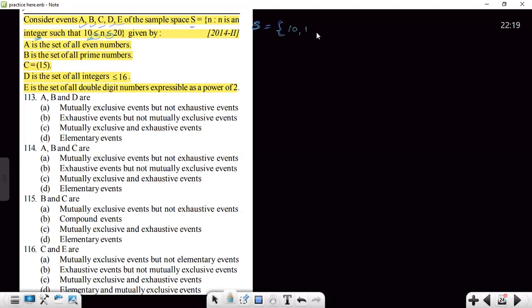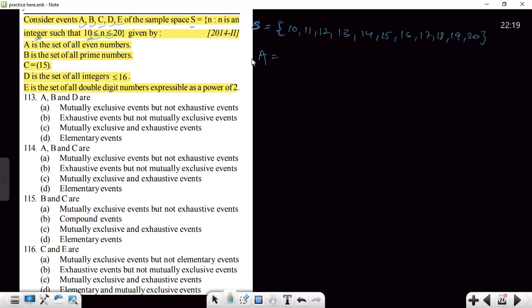So 10, 11, 12, 13, 14, 15, 16, 17, 18, 19, and 20. How many elements are there in the sample space? Can anyone tell me quickly? There are 11. Okay, 10 to 20, right?